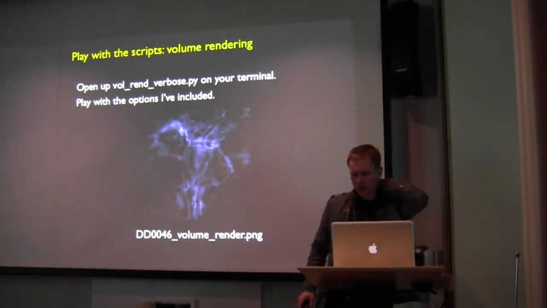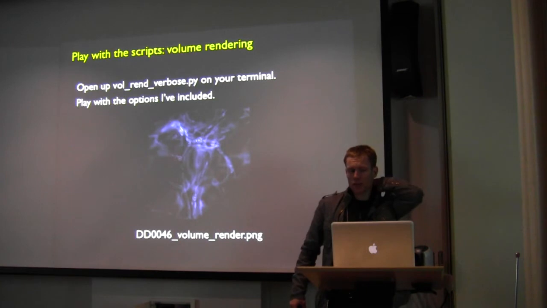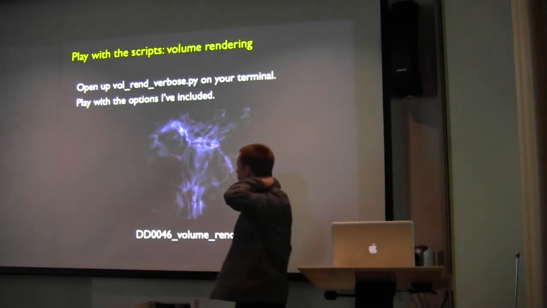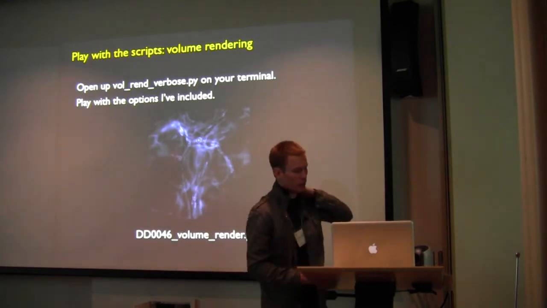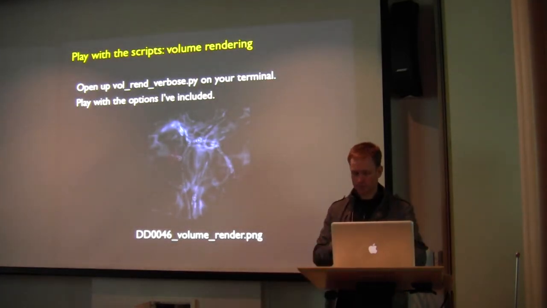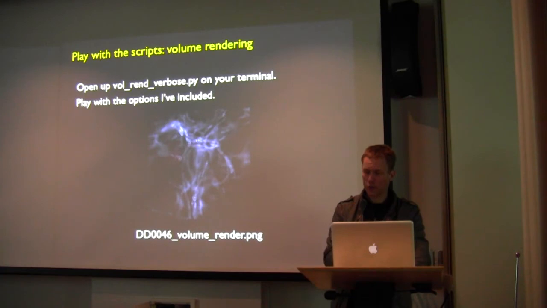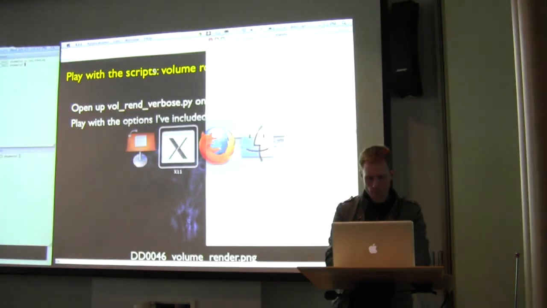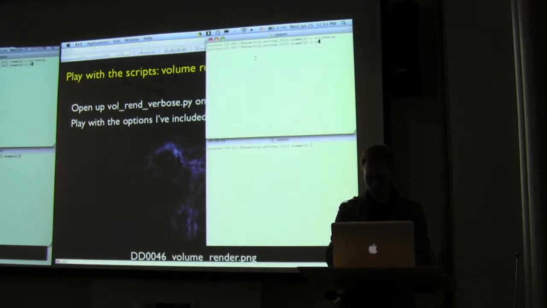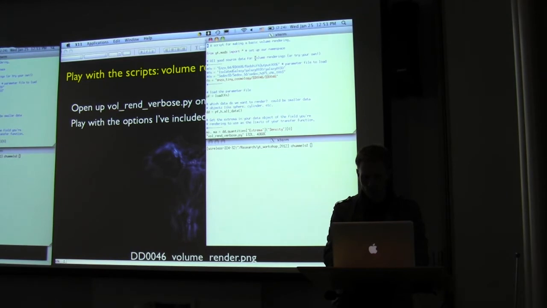Open up the volume render verbose.python on your terminal. And what I've done is I've included a bunch of different options for what you can plug in there to do different volume renderings with some of the different data sets. So there are the different file names of the different data sets that you can plug in.